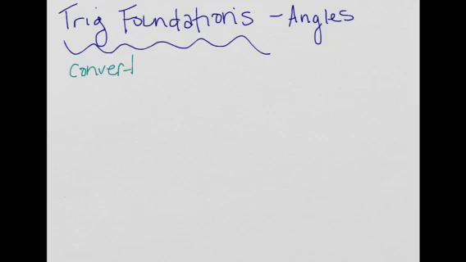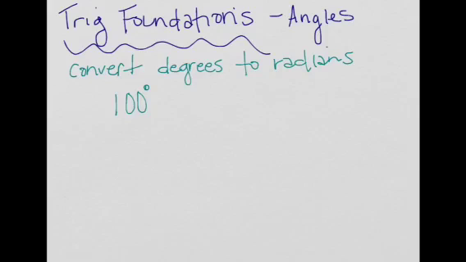It said so on that paper, but we did go over this in class. So, convert degrees to radians. You simply take whatever degree you have. So let's say I've got an angle that's 100 degrees and I want to convert that to radians. So I take 100 and I multiply that by pi over 180. Now when I do that, I always want to leave it in terms of pi.